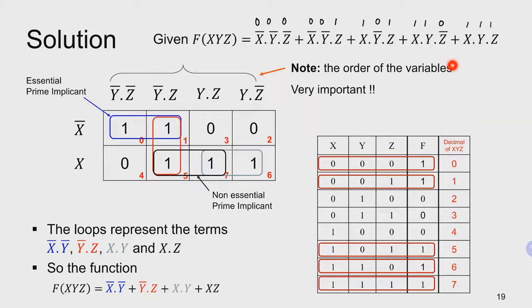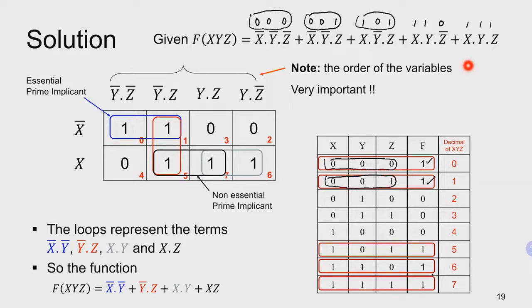So first one, 0, 0, 0, which is this. So we put a 1 here. And then 0, 0, 1, we put a 1.